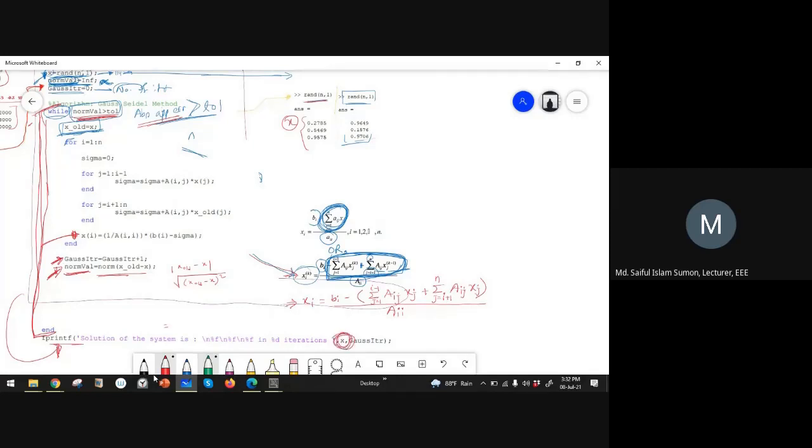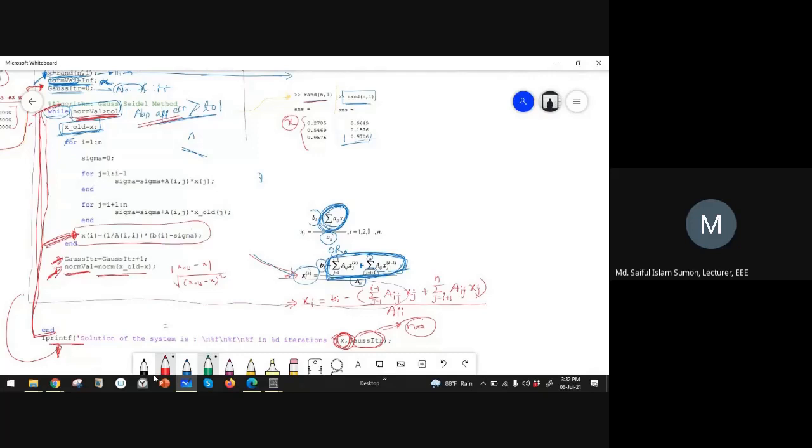We will be printing the solution. In X the solution will be there, and the Gauss iteration will give the number of iterations we needed. If I just summarize, the whole code is very simple. One while loop is the most important thing, where the main part is this line.